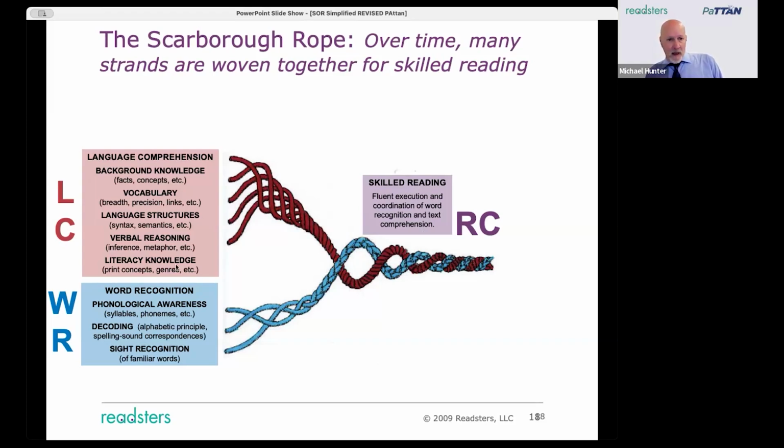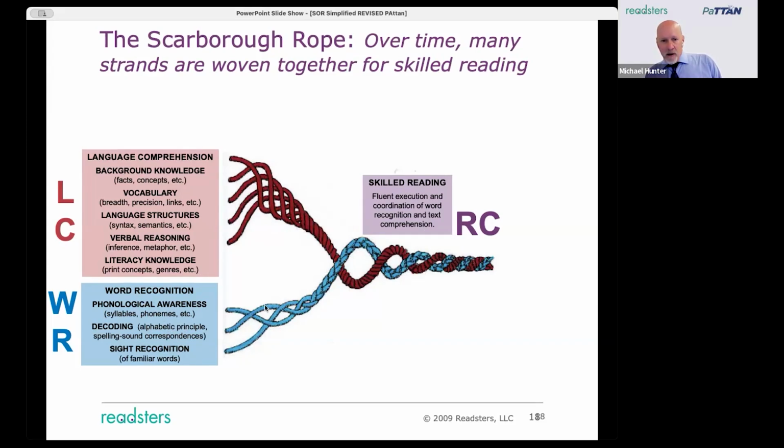And what Hollis Scarborough represented in the rope is the two domains. So we've got language comprehension and we've got word recognition. And she called it word recognition, interestingly enough.